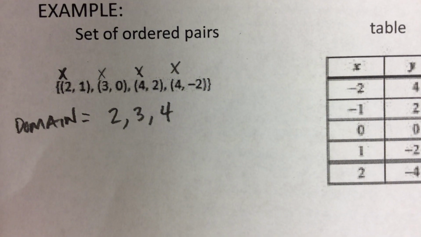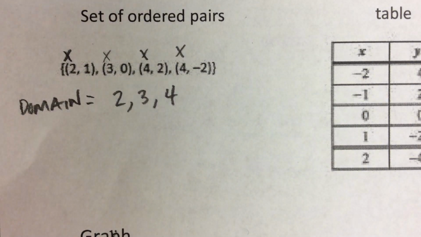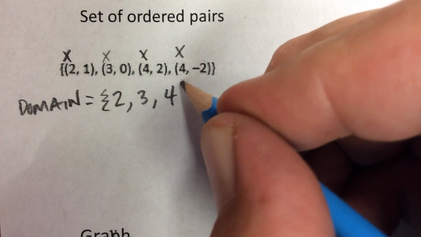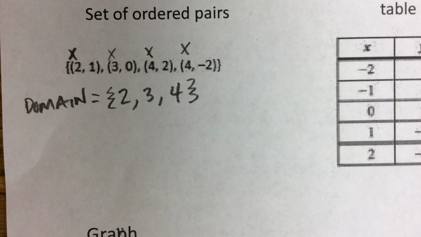It's a good idea to list them in order, not of how they appear, but from the smallest number to the biggest number. And then I'm going to put them in brackets, because that's how we show domain and range. So my domain for this particular set of ordered pairs is 2, 3, 4.